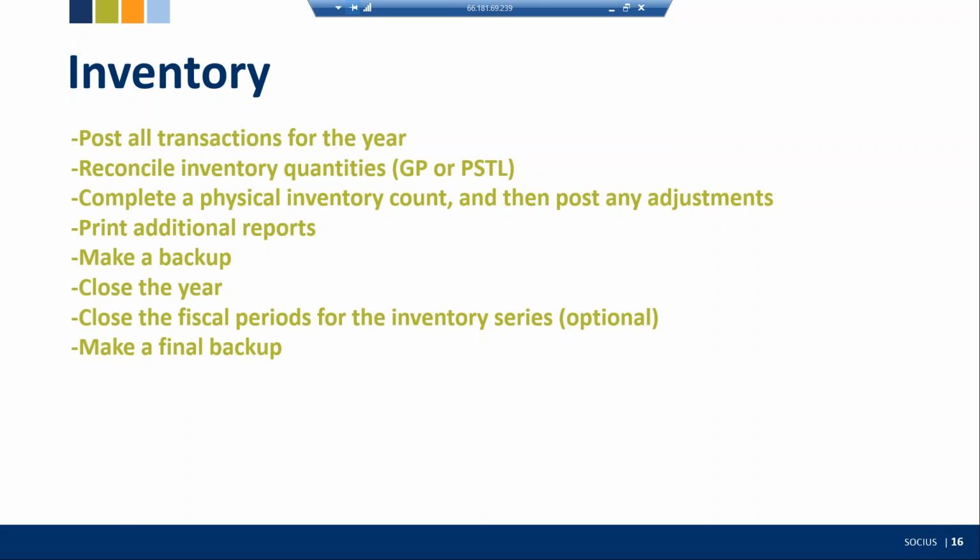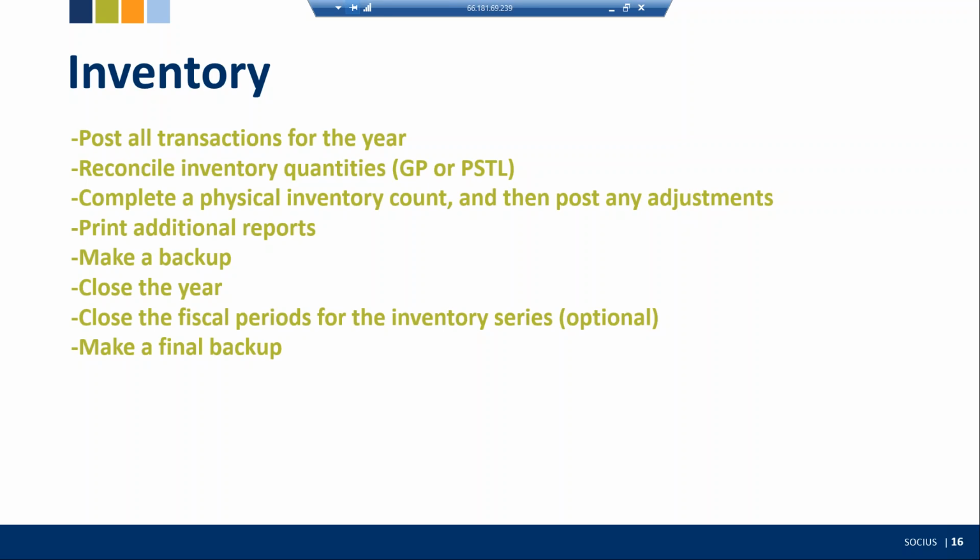So the key is that you want to have the system as clean and ready as possible. You want to make a backup before you actually jump into the year-end process, and then at that point you can close the year. And also then you can close the fiscal periods for the inventory series.